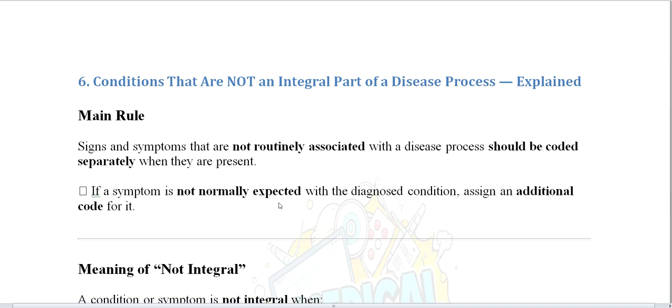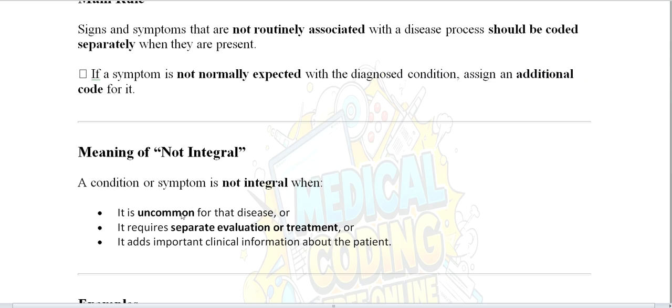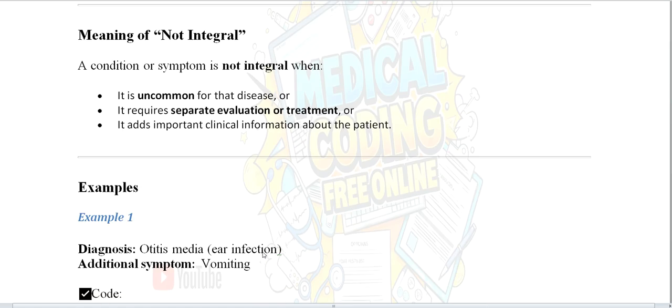If a symptom is not normally expected with the diagnosed condition, assign an additional code for it. So, meaning of not integral: the condition or symptom is not integral when it is uncommon for the disease, or it requires separate evaluation or treatment, or it adds important clinical information about the patient.